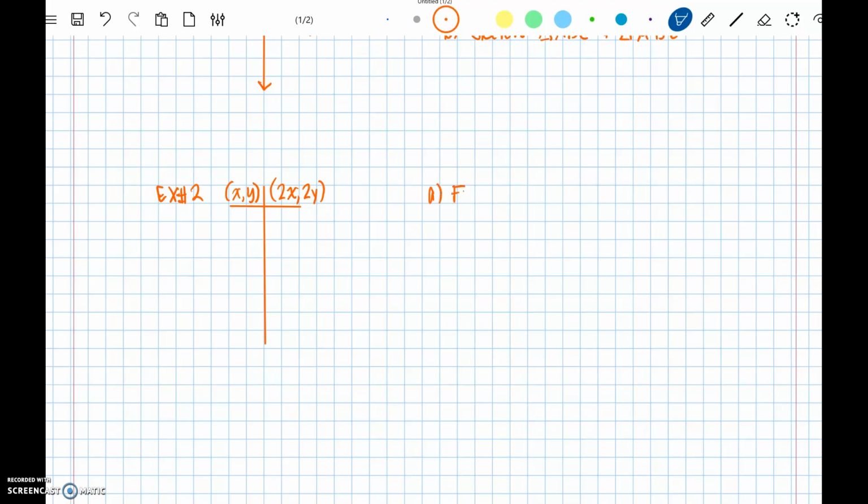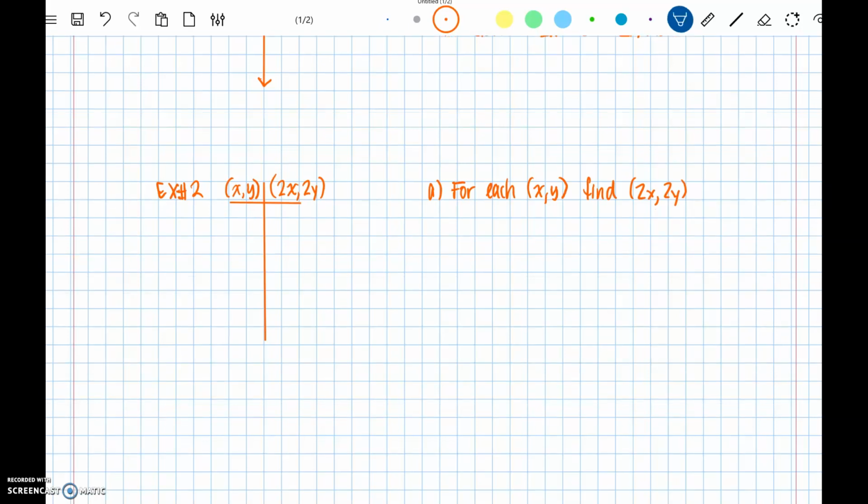Part A says for each (x, y), find (2x, 2y). Now this is a dilation because the x and the y are being multiplied by the exact same number, 2. So the (x, y) points are (-1, -3), (-1, 1), (3, 1), and (3, -3).